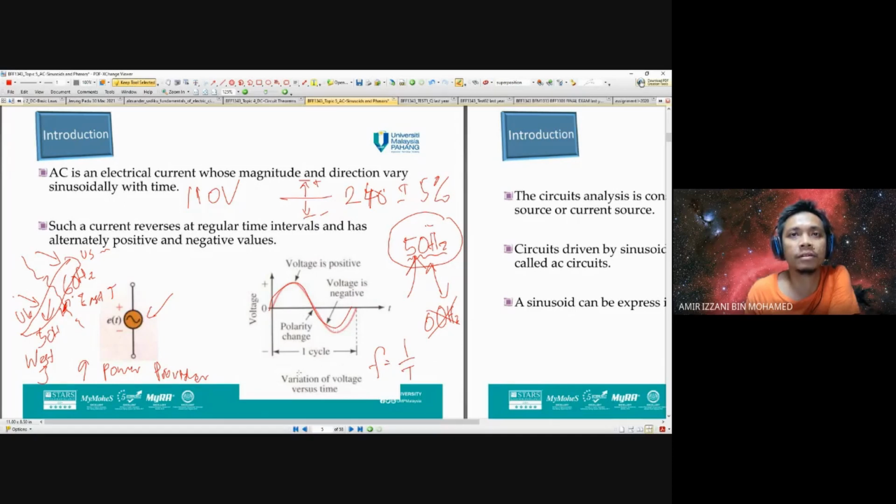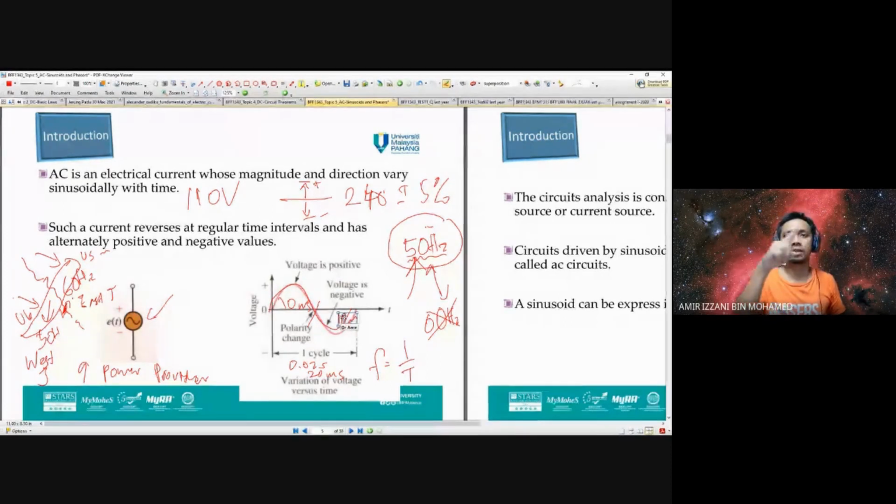How long? 0.02 second or 20 millisecond. So half cycle is 10 millisecond. For every 10 millisecond, the polarity will change, will alternate: positive 10 millisecond, negative 10 millisecond.